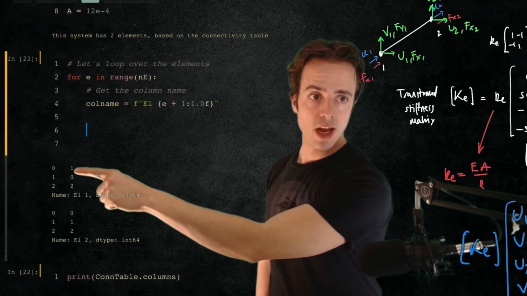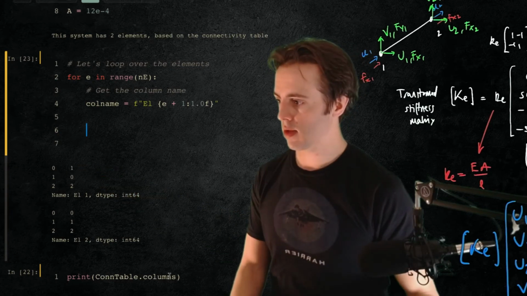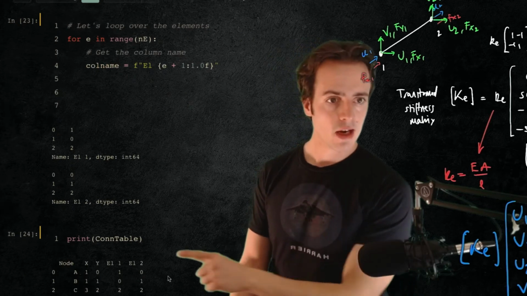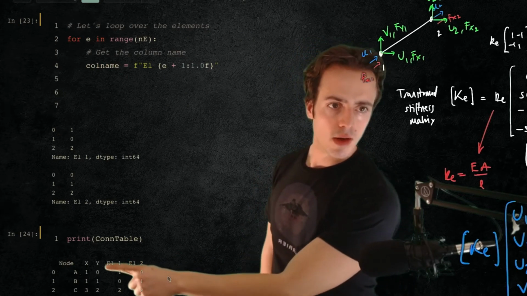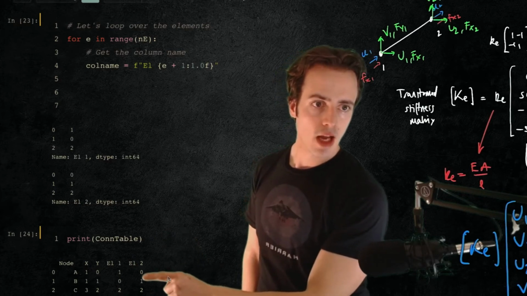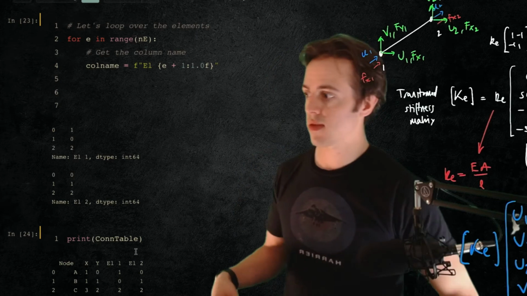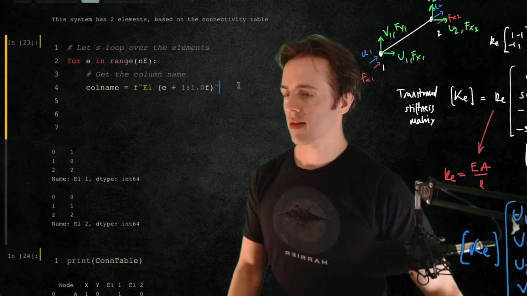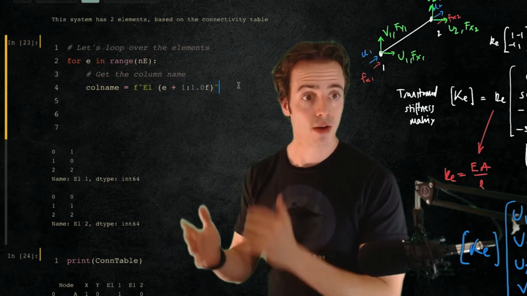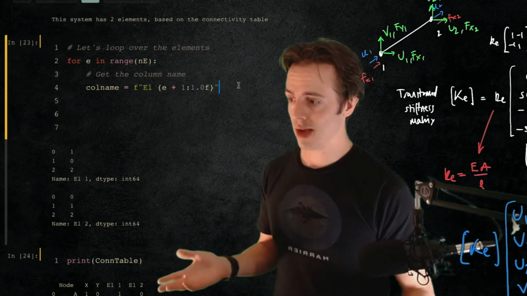So I need to find which row there's a 1 in, and then work out, for example, when I found out there's a 1 here, I need to work out that corresponds to an A. For this element 2, where there's a 1 here, that corresponds to node B. So I'm going to do that using some pandas commands. Again, you don't have to do this the exact same way I'm doing it. This is just a means to go through a table and do things programmatically. And I choose pandas because I quite like pandas.